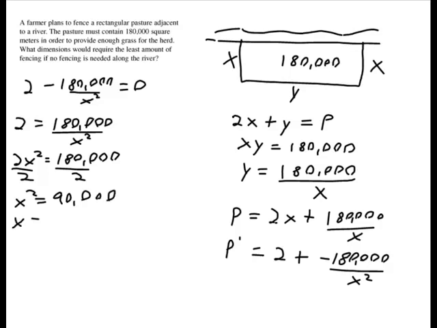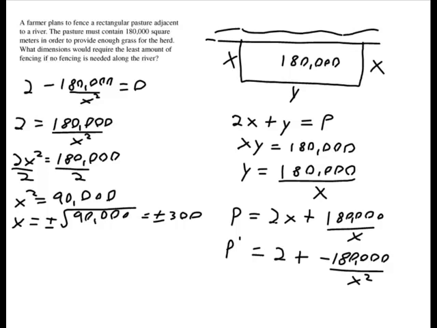When I take the square root, x is equal to plus or minus the square root of 90,000, which we can simplify to being plus or minus 300. So at x equals plus or minus 300, we have extrema on the graph of our perimeter function.